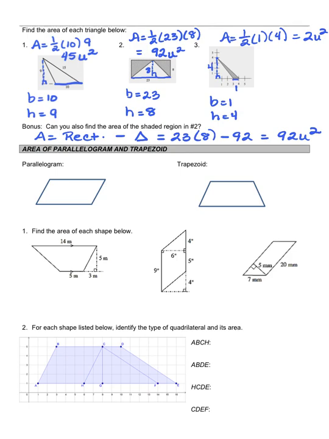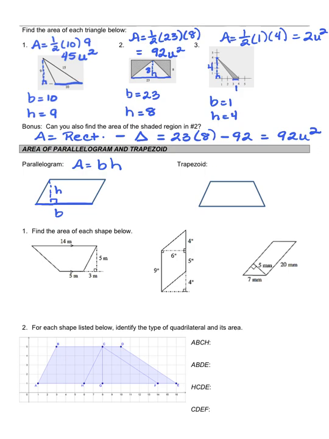In this next section, we're going to talk about how to find the area of a parallelogram and of a trapezoid. The formula for the area of a parallelogram is the length of the base times the height. So in this parallelogram, if this side is my base, remember that height is measured perpendicularly to my base.